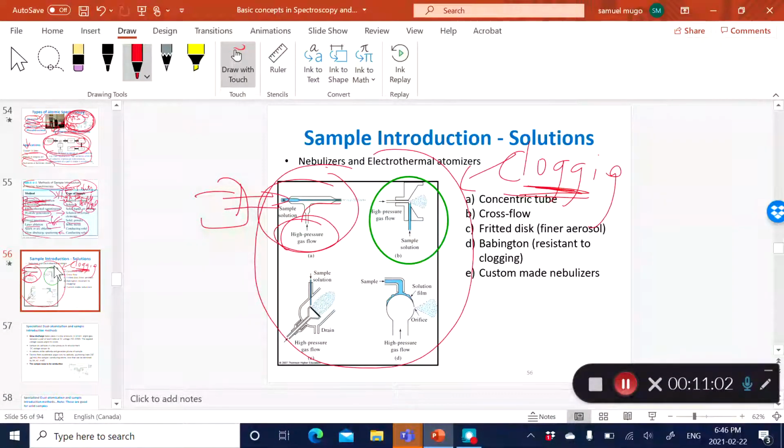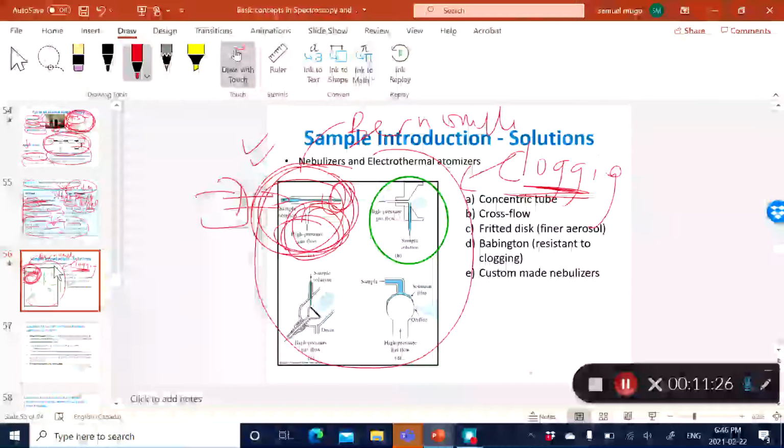What you refer to here is, I think, the Bernoulli effect, where you've got a high pressure gas revolving around a concentric tube, and because of that you get a suction taking place. So in actual fact, in this case, you don't really need a pump.